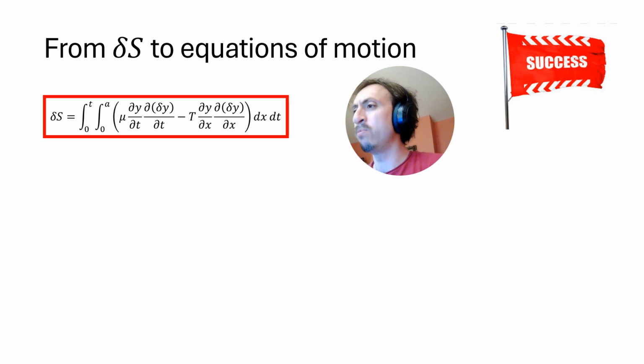But we really want these infinitesimals to ultimately go away. Now, you might have some hope, because there's a slight annoying thing that we're taking derivatives of our infinitesimals, but we are integrating.